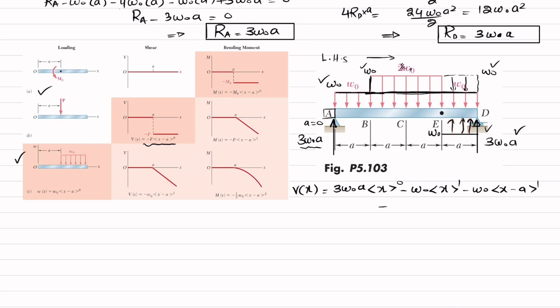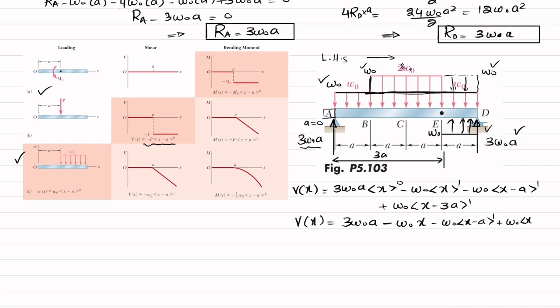So I will write plus W naught into x minus 3a power 1, since this load is acting at a distance of 3a from point A. To simplify, the shear force equation will be 3W naught a, x power 0 is 1, minus W naught x power 1, minus W naught into x minus a power 1, plus W naught into x minus 3a power 1. So this is your shear force equation.